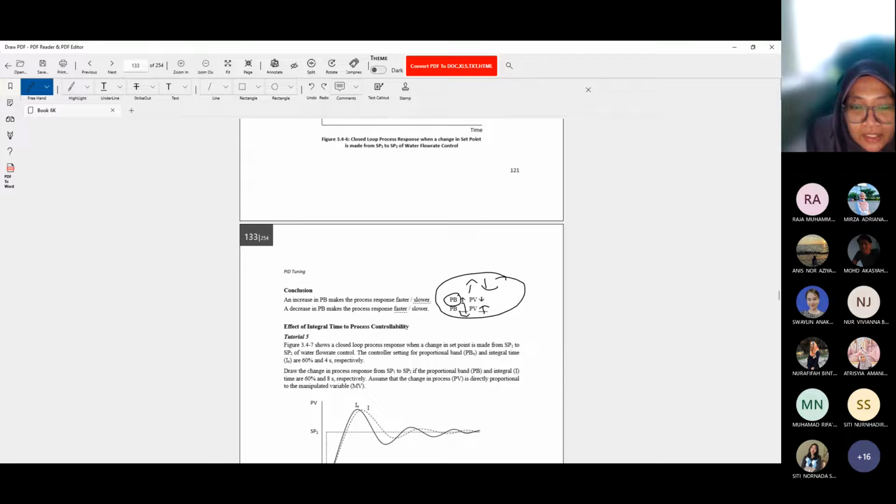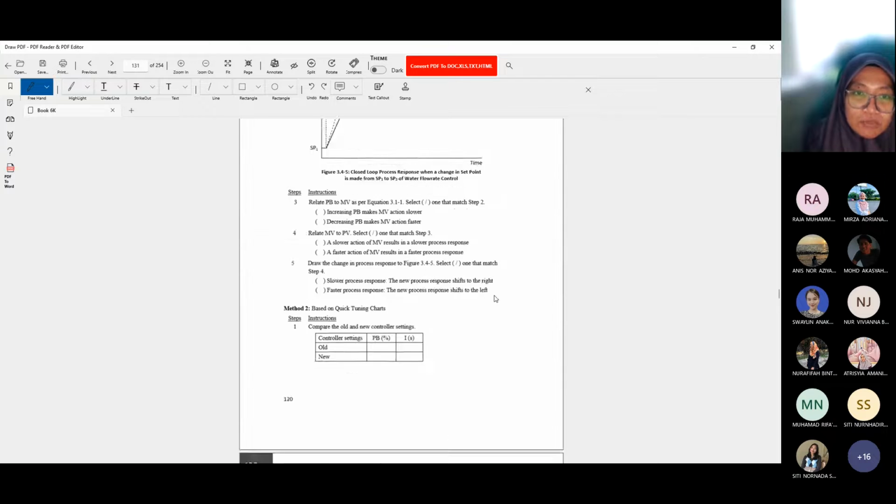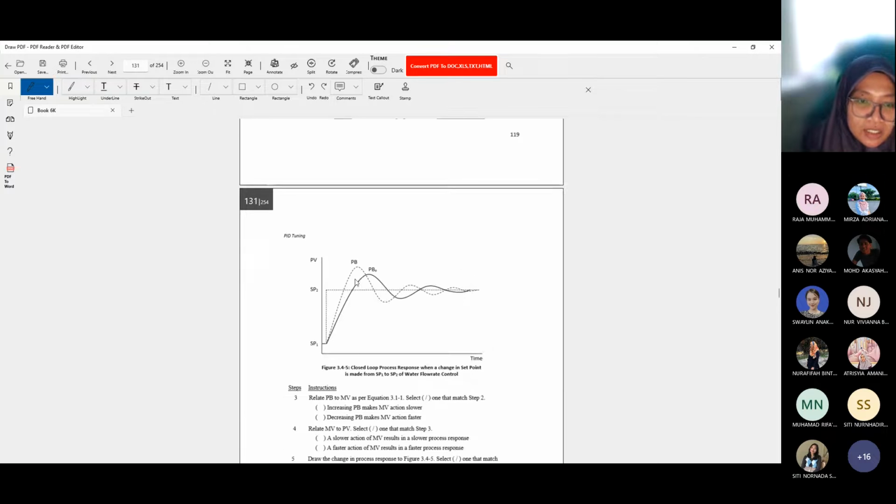Kenapa we need to know the relationship between PB and PV? Because when we do tuning, the main concern is our process response itself. When we do tuning, we focus on the process response.